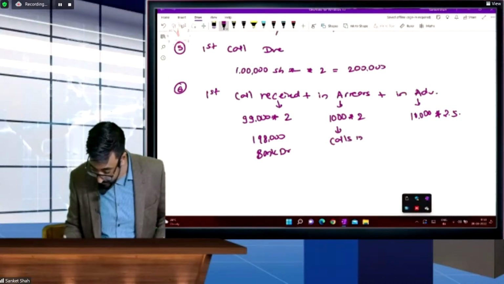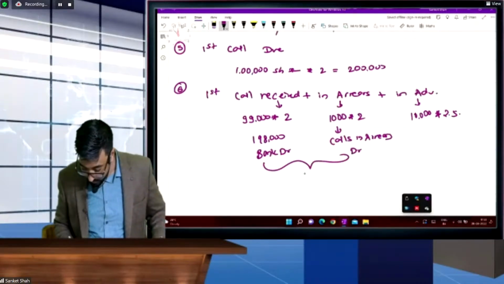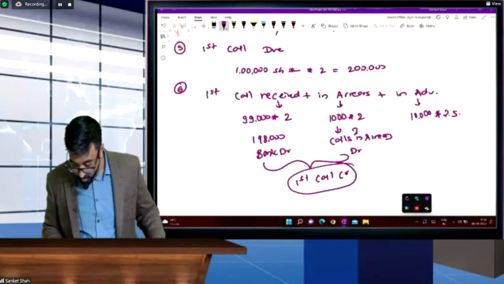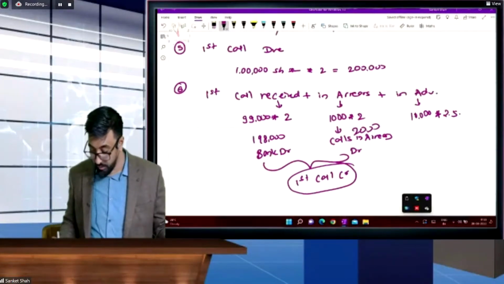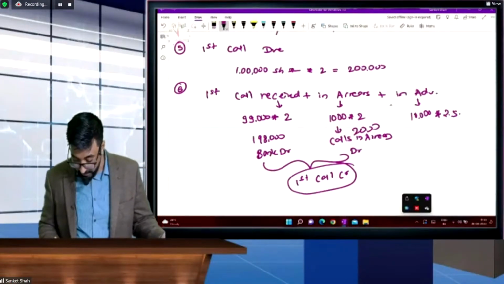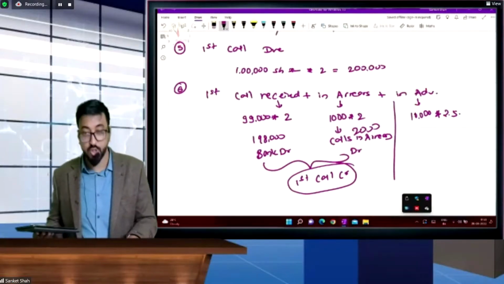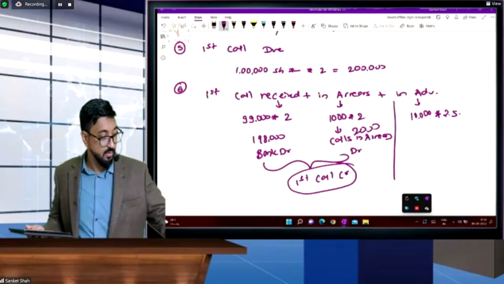Calls in arrears account debit. Here, first call credit 2,000. Okay. So this portion, first call credit.